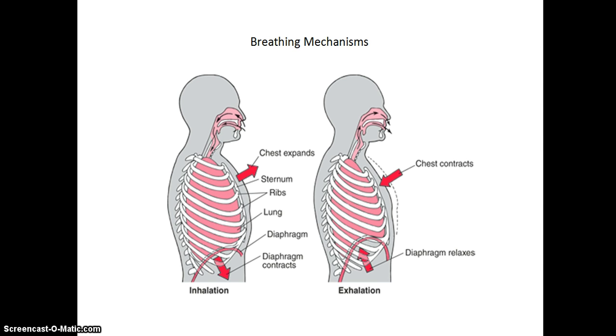During expiration, the internal intercostal muscles contract and the diaphragm relaxes, pushing up, therefore squeezing all the air out of the chest through the nasal cavity and the mouth. So we're able to inhale more oxygen and eliminate more carbon dioxide.